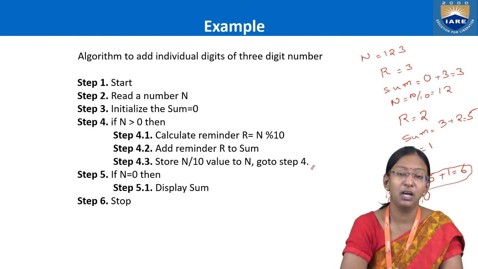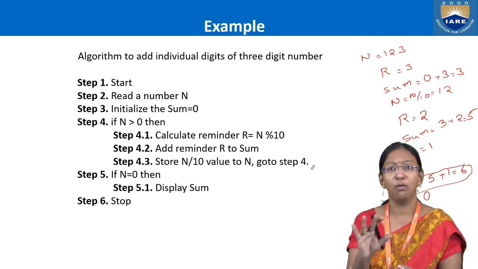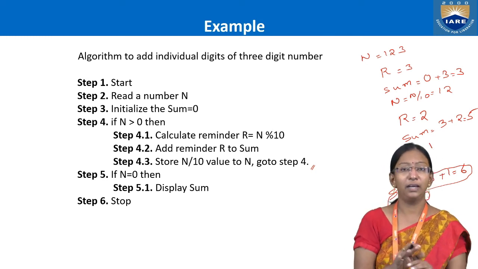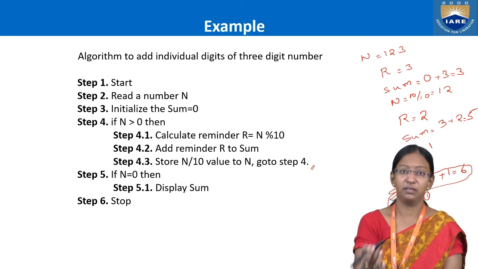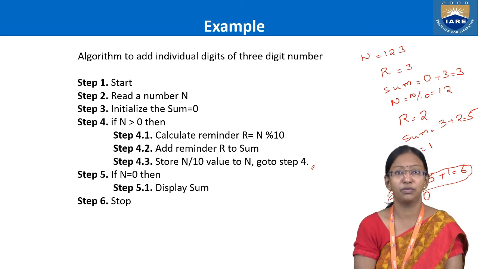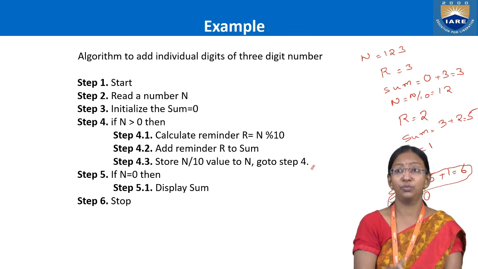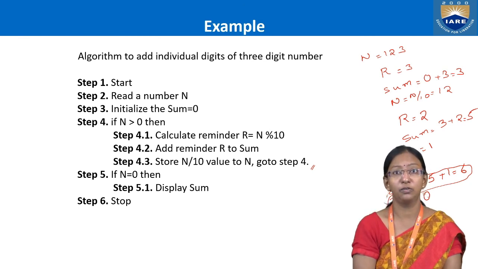You have to think how to place things properly in an appropriate fashion. And in this whole algorithm, check all the 5 properties. Is it finite or not? Yes. In 6 steps, I have confined my solution. Is it effective or not? Yes, it is effective. We have just manually evaluated it, taking the value 123.